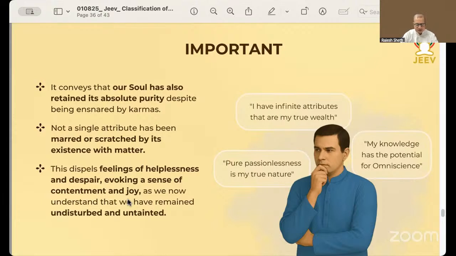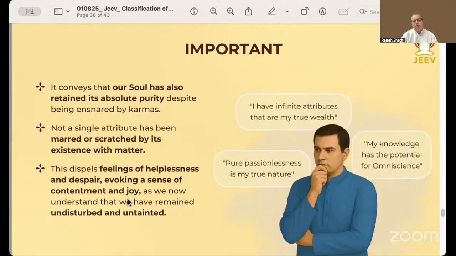Which was Sadbhut Vyavhar Nai, the existent, conventional point of view. That again has two broad divisions. Number 3 is figurative, existent, conventional point of view, and number 4 is literal, existent, conventional point of view.